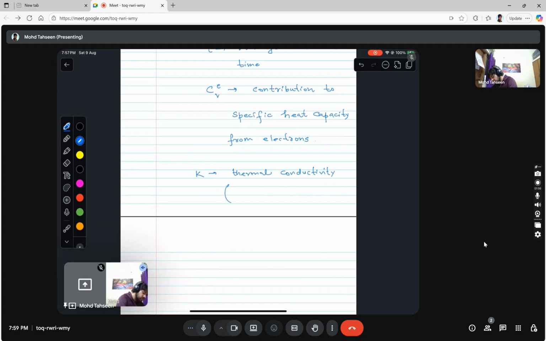It's defined as heat flux per unit time per unit thermal gradient. This is how I remember it.